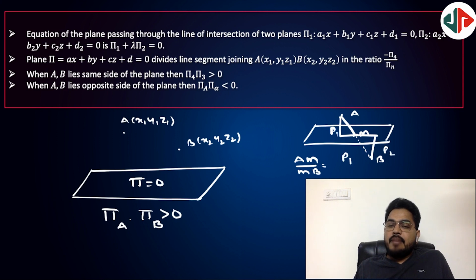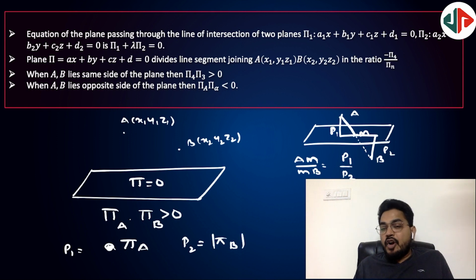So P1 by P2. But the only thing is, if P1 is positive, this value will be negative. So P1 is simply pi A, if I take this as positive, and P2 is equal to the modulus of pi B. So if the points are on either side, a minus sign will be there. So that's why we'll get pi A by pi B, or minus of pi A by pi B.